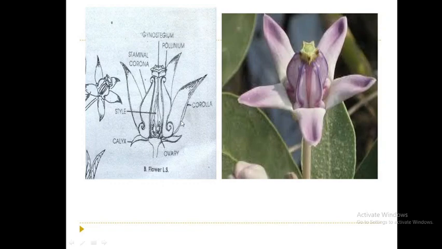Now, stamens in this family. In this family, the stamens are 5, epipetalous and inserted at or near the base of corolla tube.